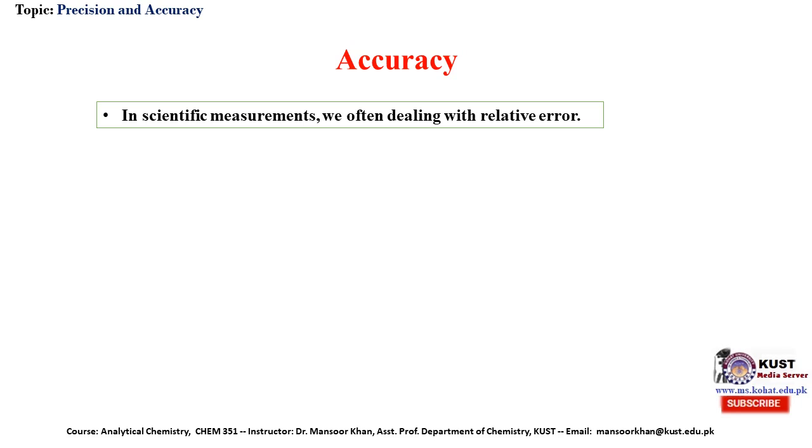We cannot use absolute error for the measurement of accuracy during scientific measurements. 1 per 100 or 10 parts per 1000 is often used for measurement of accuracy.